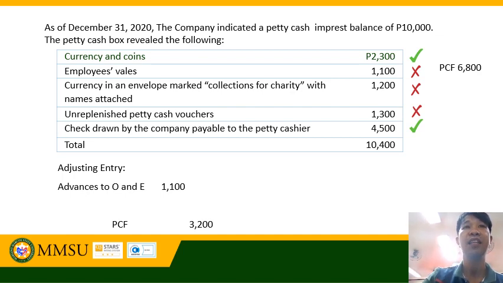Also, the unreplenished petty cash vouchers are indications of the use of the petty cash fund, and the entry for this would be a debit to expenses for the amount of 1,300. Aside from this, there are no more accountable items for which the petty cash fund was used.